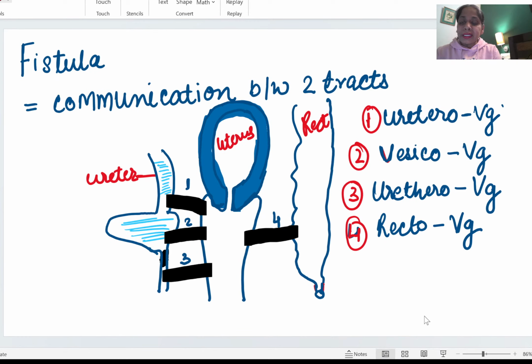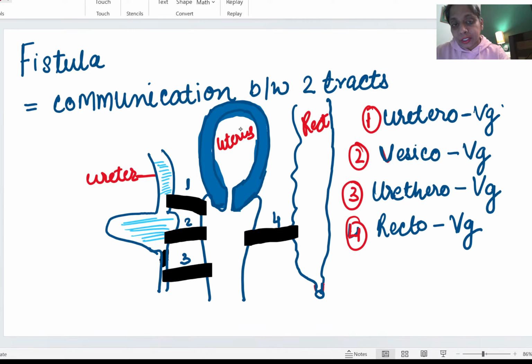So fistula is a communication between the two tracts. Because we are studying the fistula of the genital tract, here we will be talking mainly about the genital tract. All the fistulas which come in our exam are urogenital tract communications.